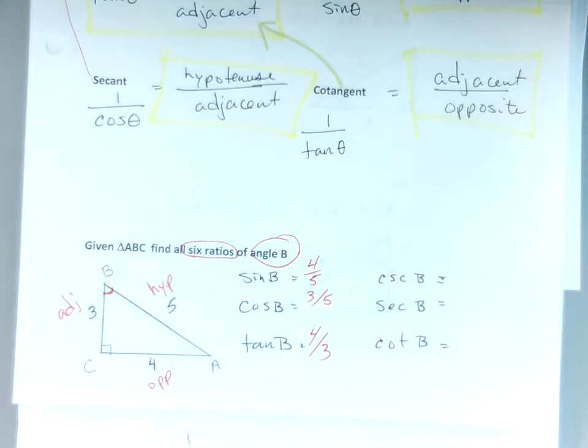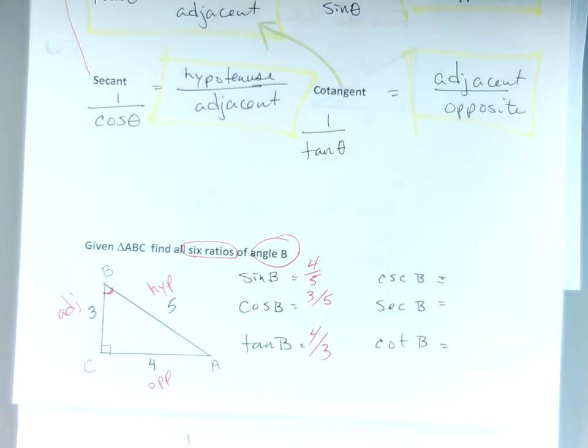Okay, now, cosecant. Watch. Cosecant is the reciprocal, yes. Secant is the reciprocal. Cotangent is the reciprocal. Isn't that easy?